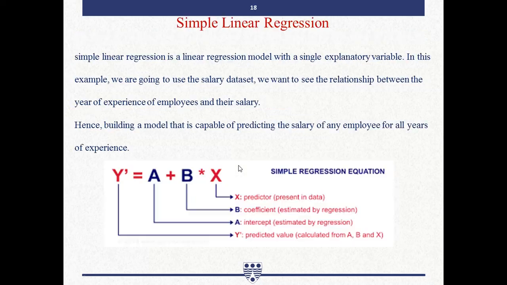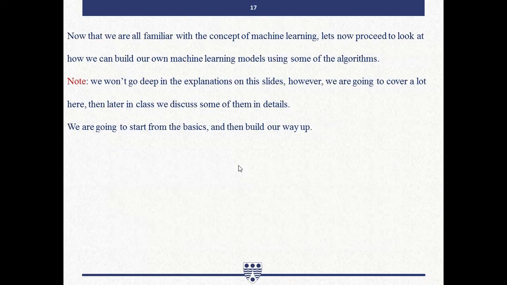A brief recap. We looked at machine learning. We said machine learning is simply the ability of the machine to learn from data without being explicitly programmed by the data scientist. We saw that we have three different types of machine learning. We have supervised machine learning, where the machine tries to learn from the independent variables so as to predict a dependent variable.